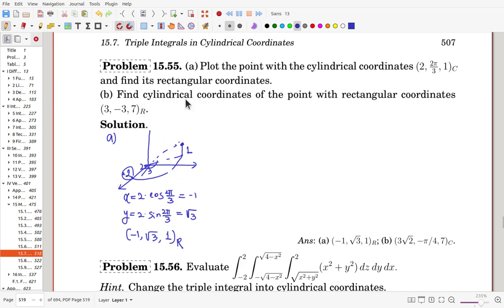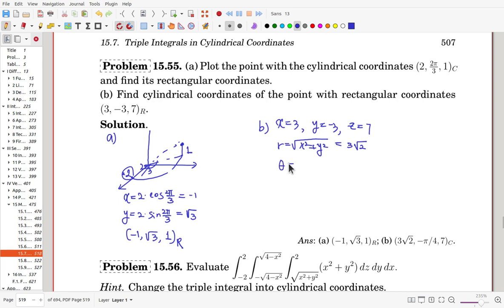Now find the cylindrical coordinates of the point with the given rectangular coordinates. Here x is 3, y is -3, and z is 7. From these we have to find r and theta. r is the square root of x squared plus y squared, so that is 9 plus 9, which gives 3 square root of 2.